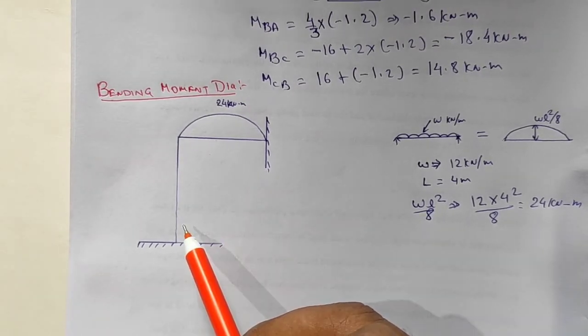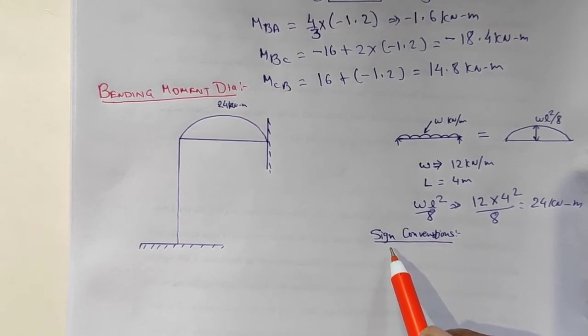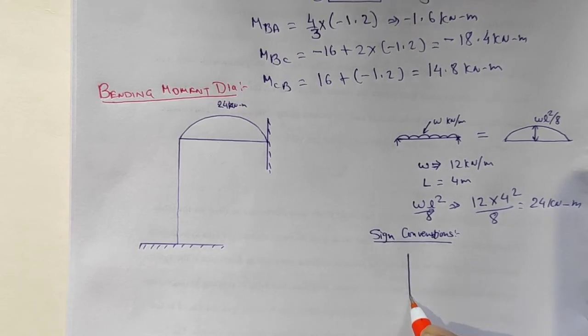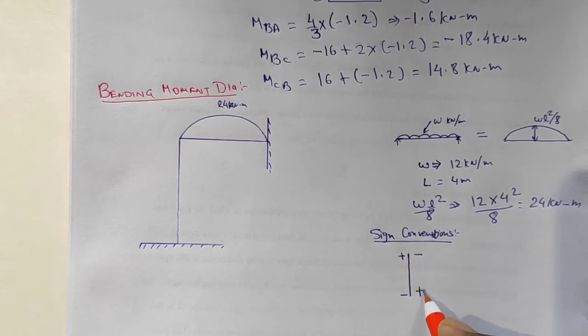Now we have to apply the final bending moments that we got after solving the slope deflection equations. Before applying these moments, we should know the sign conventions. In a frame, if I have a vertical member, then the sign convention will be like this: negative, positive, negative and positive.